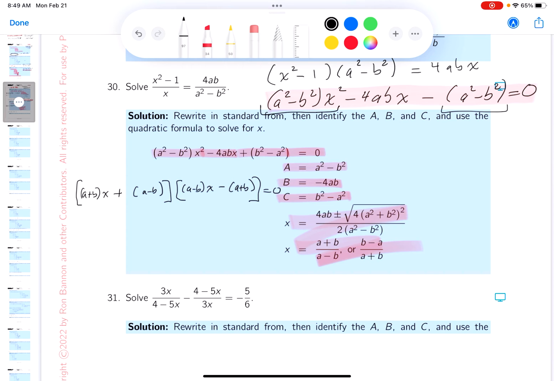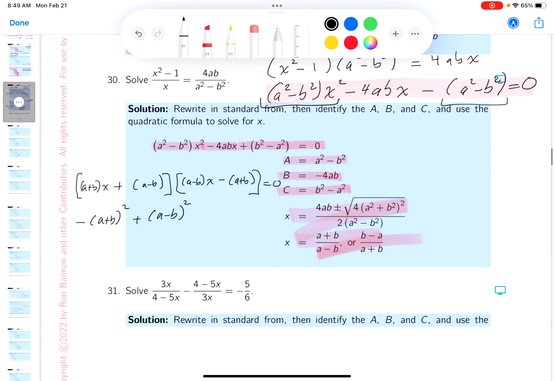So I'm struggling with that middle term. So what would you get? You would get minus a plus b squared plus a minus b squared. I want to see what that gives me. What does it give me? a squared plus 2ab plus b squared plus a squared minus 2ab plus b squared.